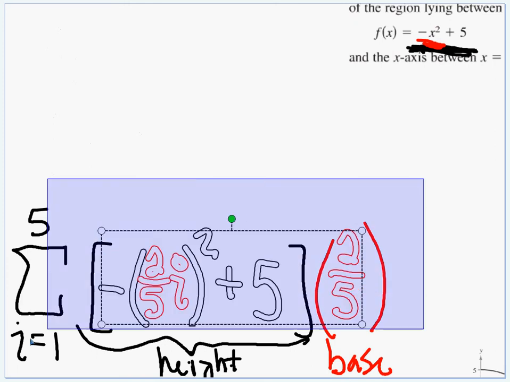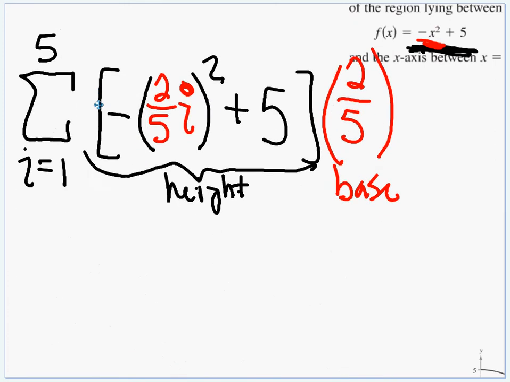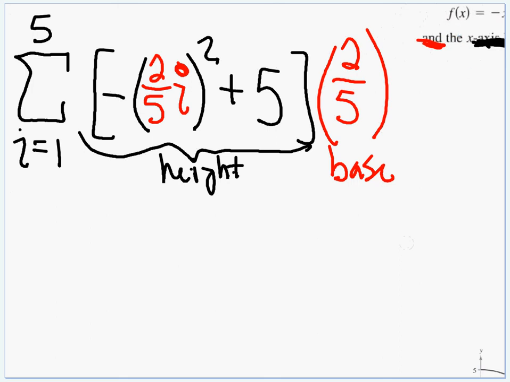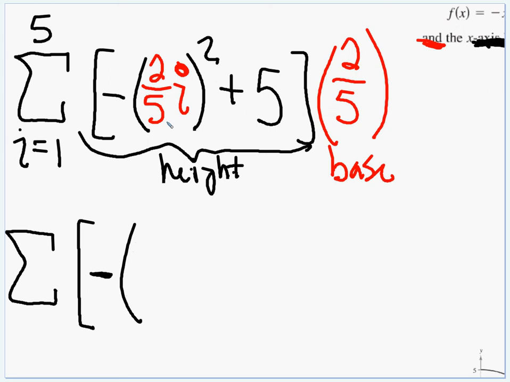Now it's time for more algebra. Let me go back to black ink here. We've still got our summation notation. Here the negative is outside the parenthesis, and we're going to square everything in there.